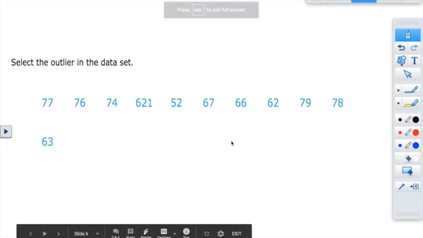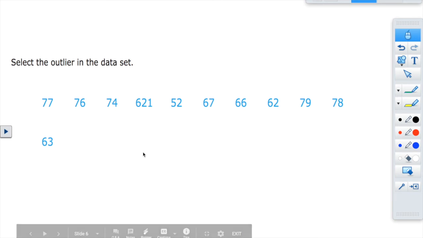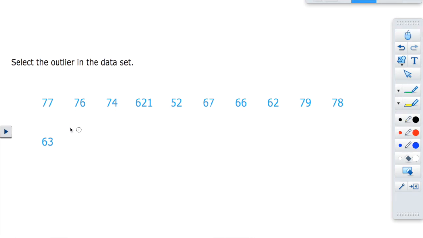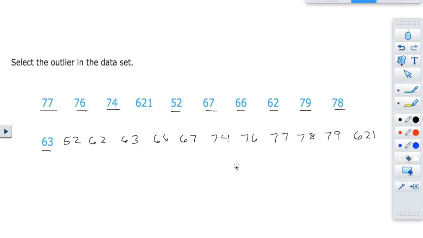This one I will demonstrate for you and do the 5-number summary. First, I have to put them in order. Now that they're in order, you could probably tell that 621 is well outside of our fences. 1, 2, 3, 4, 5, 6, 7, 8, 9, 10, 11.